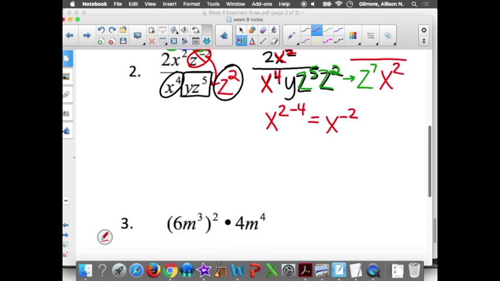So all we have left in our numerator is our 2. In our denominator, we have z to the 7th, x squared. We always want to put them in alphabetical order, so our answer is going to be 2 over x squared z to the 7th power.